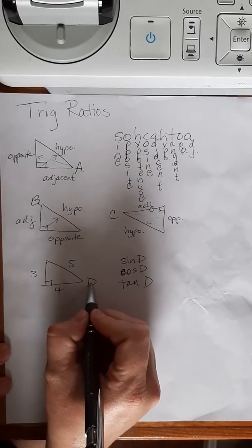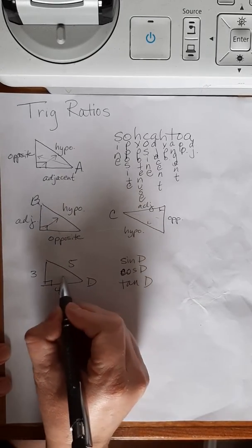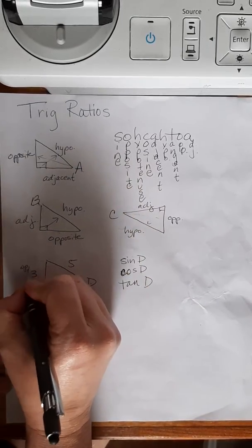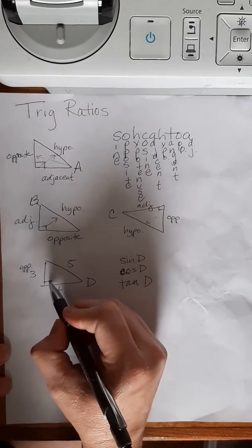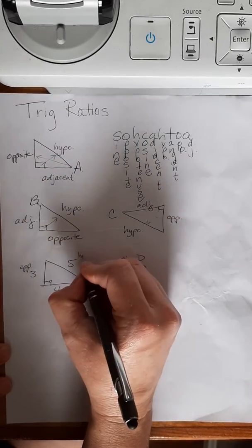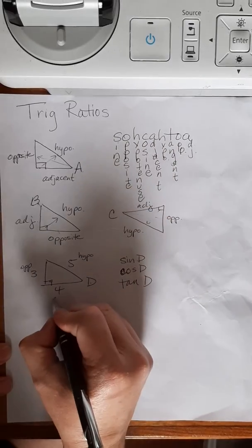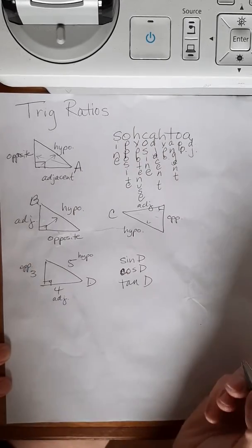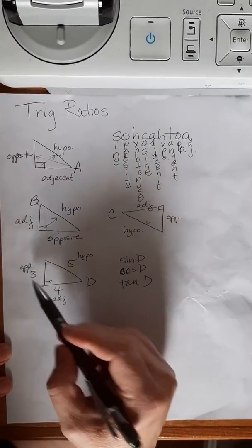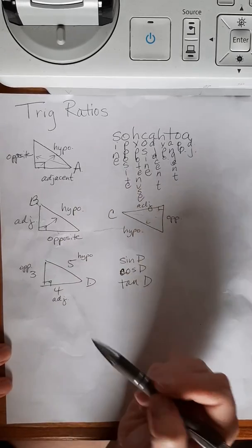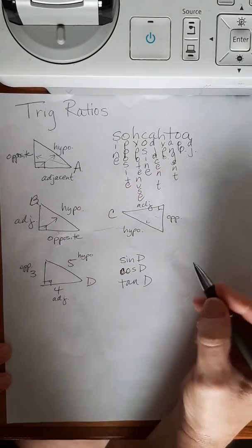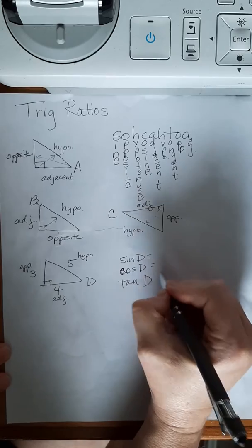Well, sine of D, if you go across, 3 is opposite. Find your right angle. There's your hypotenuse. So that means this side is adjacent. Now, it'll get to a point you don't have to manually write them. I'm just doing them to help you out to see where things are coming from.